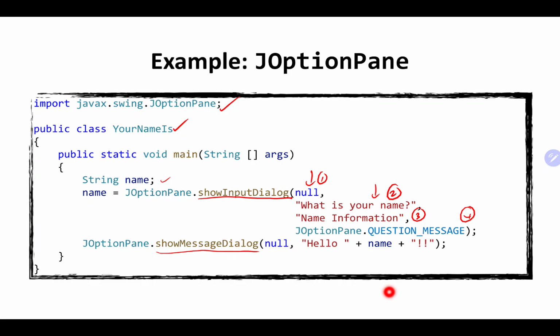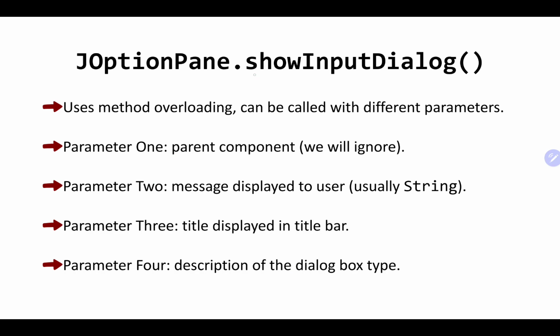We have 2 parameters here, 1 and 2. Now what does it mean? What is represented by these parameters? First we go through showInputDialog. Here we use method overloading, and it can be called with different sets of parameters.